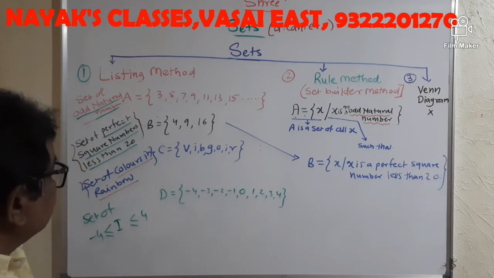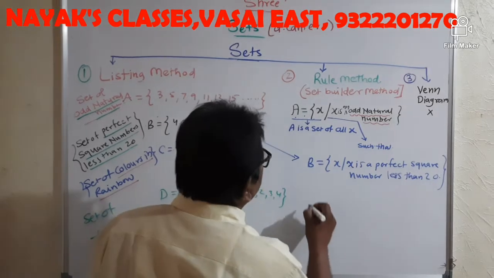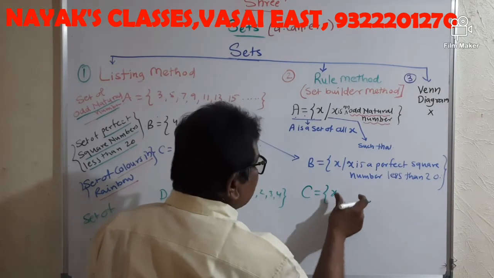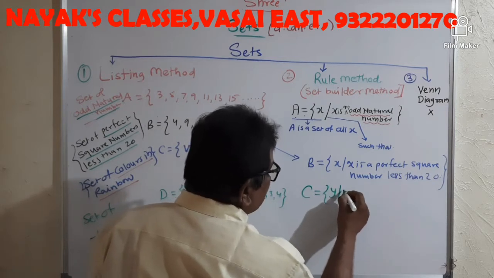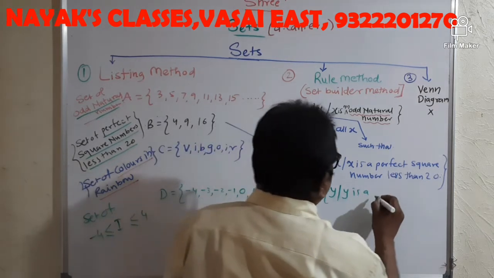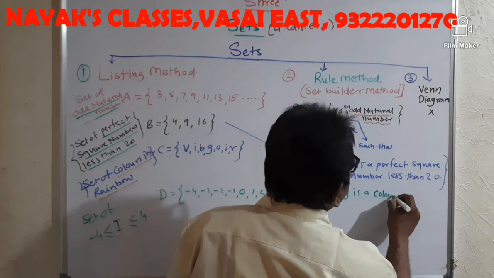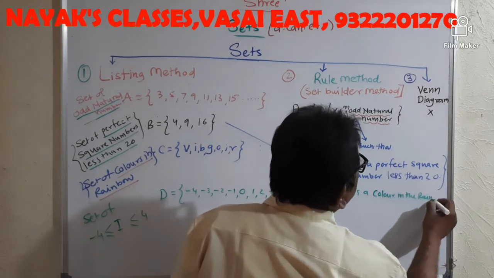I am writing the third set by rule method. C is a set of all x, not necessarily always take x. C is a set of all y such that y is a color in the rainbow.